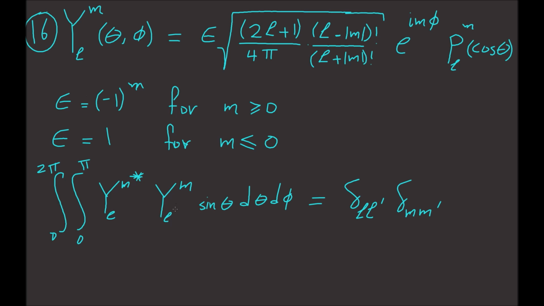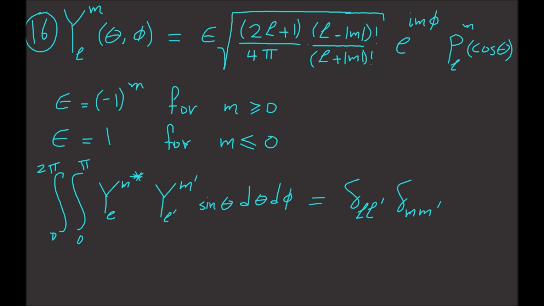My bad, this is L prime and M prime. So when L equals L prime, Kronecker delta equals 1, and when M equals M prime, Kronecker delta equals 1. Otherwise, they both equal 0.